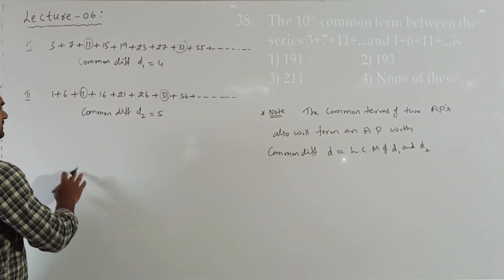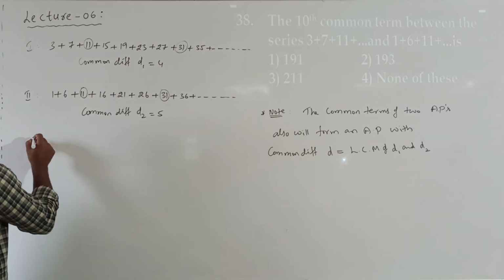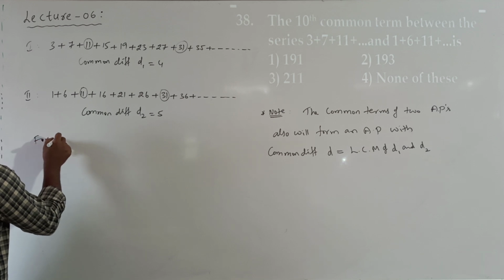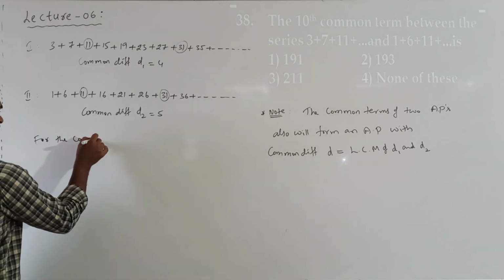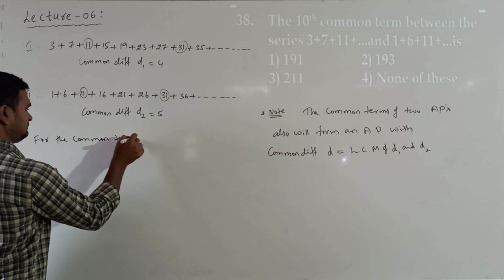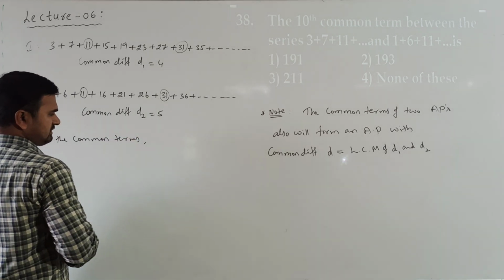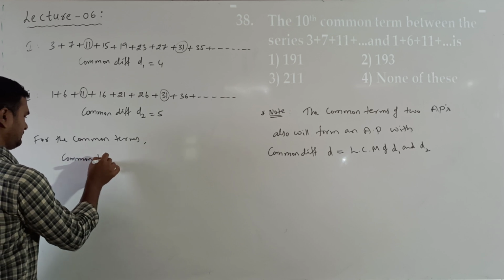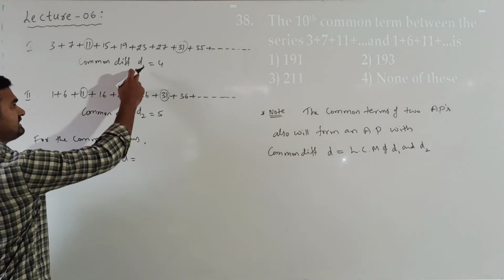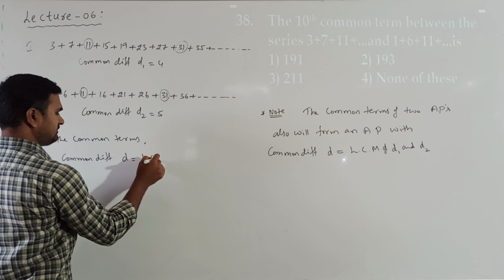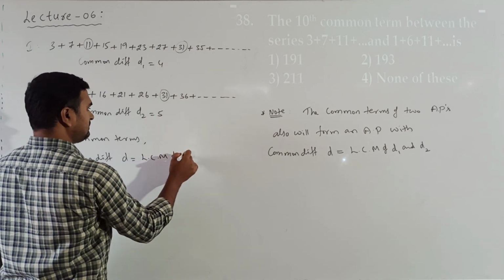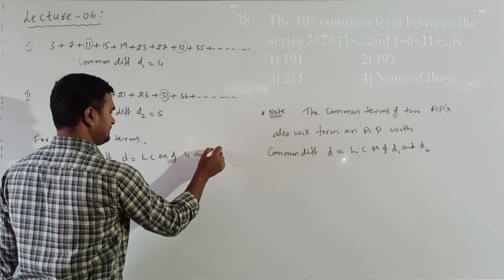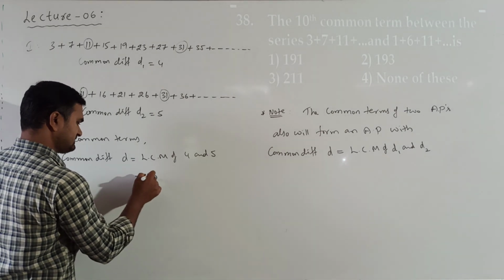So for the common terms, what will be the common difference? It is LCM of D1, D2. So we have to find LCM of 4 and 5. The LCM of 4 and 5 is 20.